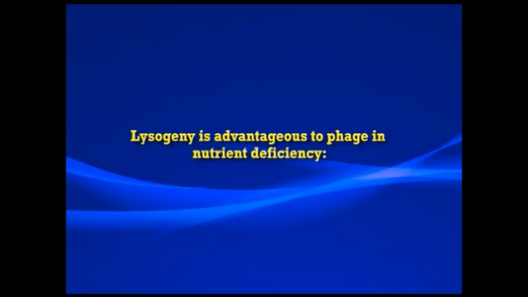The second significance is that lysogeny is advantageous to the phage in nutrient deficiency. Bacteria enter dormancy in a phage-infected culture that becomes nutrient deficient, and they degrade their own messenger RNA, that is the mRNA, and proteins.